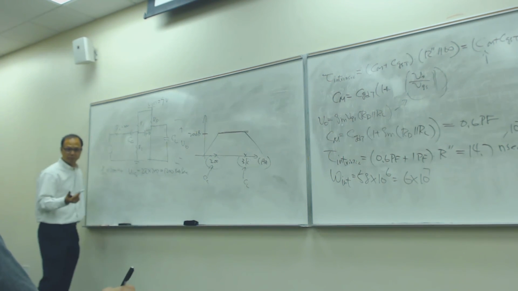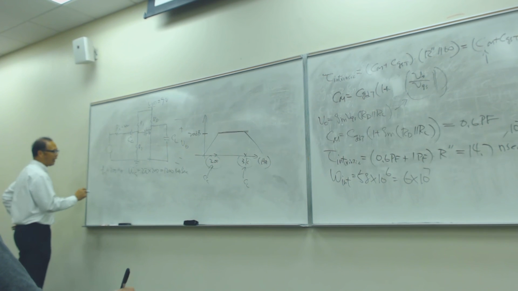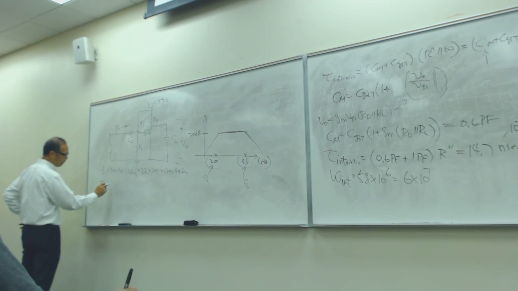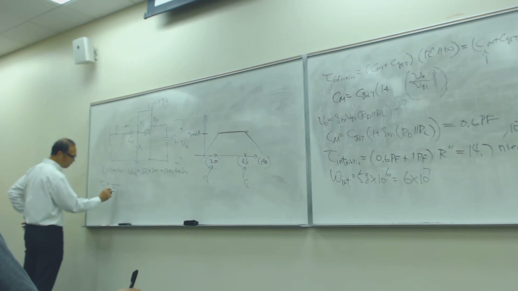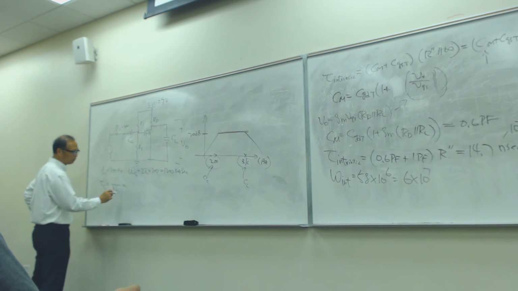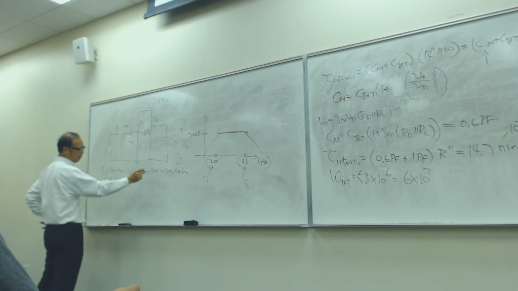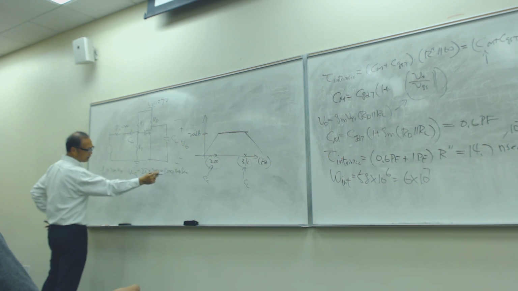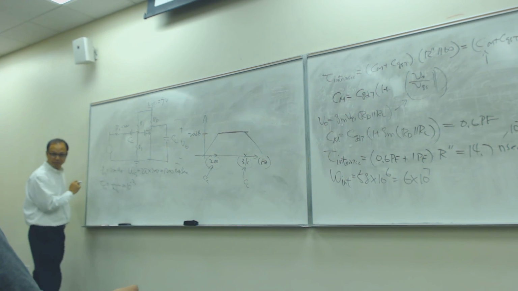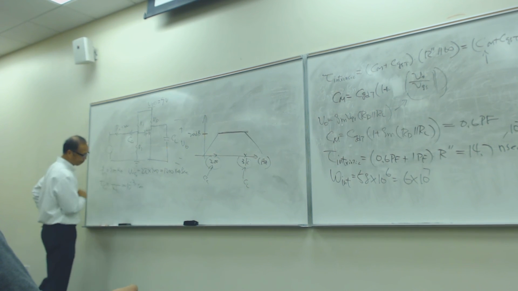And therefore, tau associated with C sub C is 1 over omega, so it's about 10 to the minus 3 seconds.